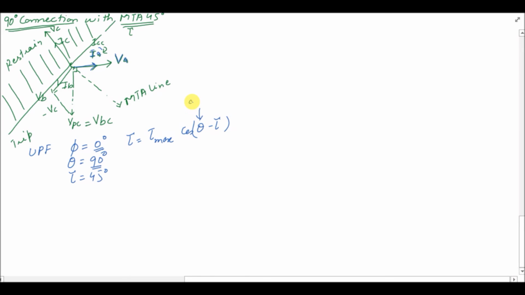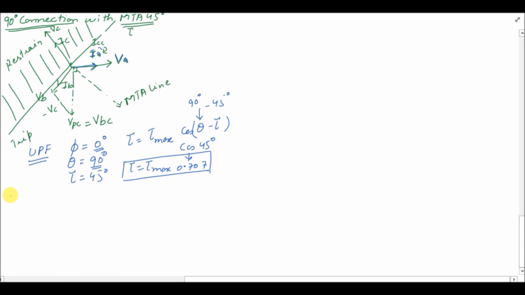So this is 90 degree minus 45 degree. This will be cos 45 degree, which is 0.707 times the maximum torque. So this is the torque value when we have a unity power factor condition.